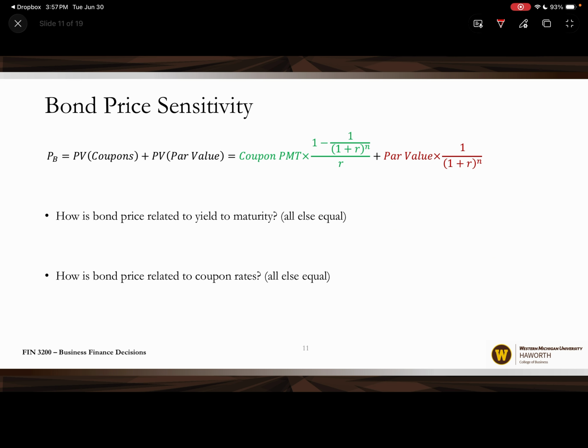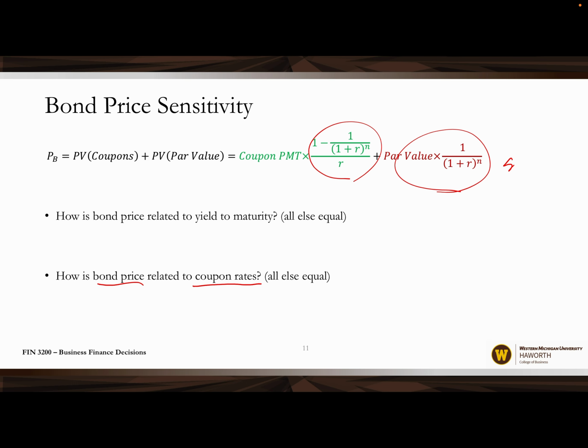So how is the bond price related to the coupon rates? Mathematically, it's easy to see that if you keep all the components the same, and if the coupon rate goes up, then the bond price should go up. And thinking about it conceptually, it also makes sense.